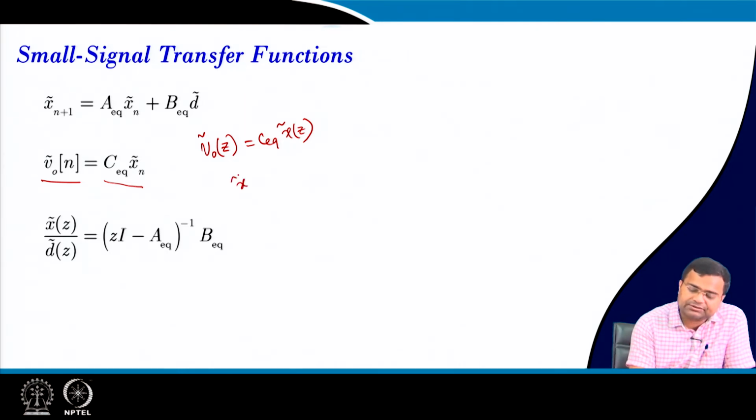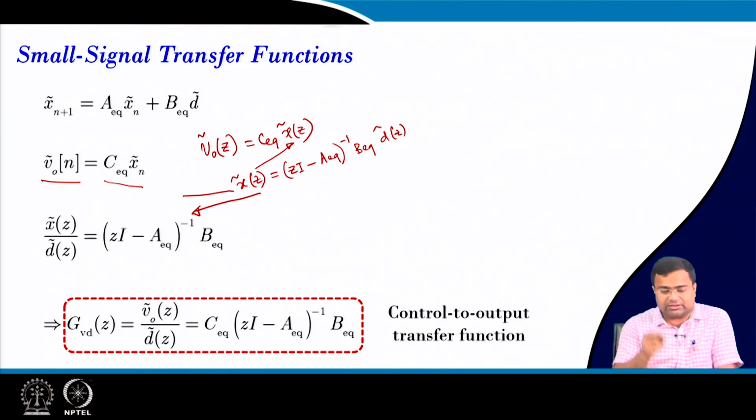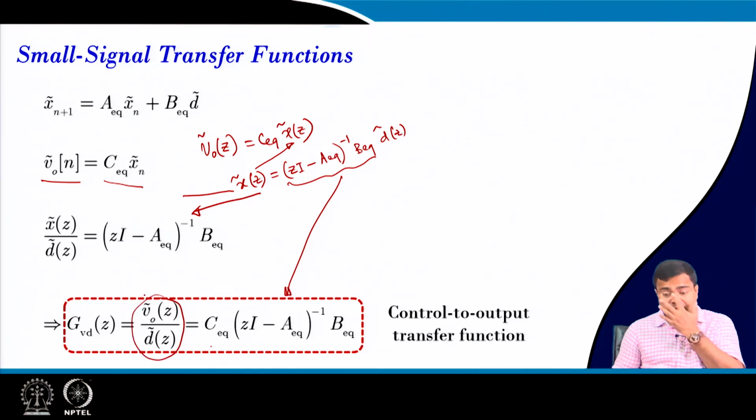We know X tilde(z) equals (zI minus A equivalent) inverse B equivalent into d tilde(z), and this is exactly shown here. Then if we substitute this into this equation, we can get this equation. So it will be C equivalent, then this term will come, and that is your V0(z) by d(z), and this is called the control to output transfer function.